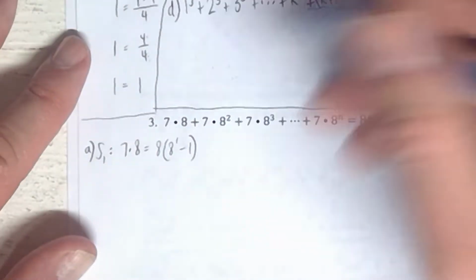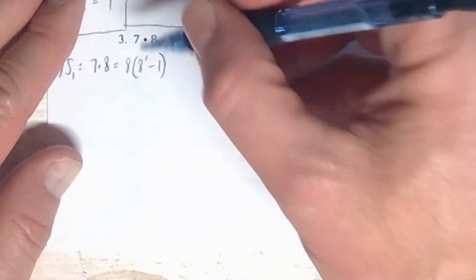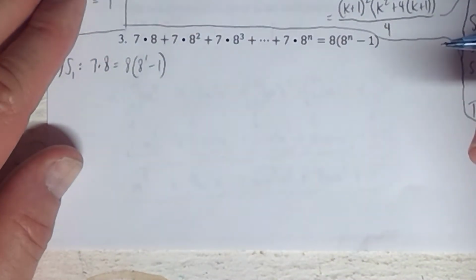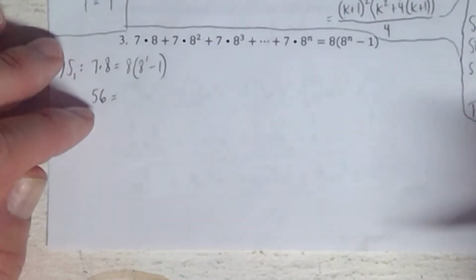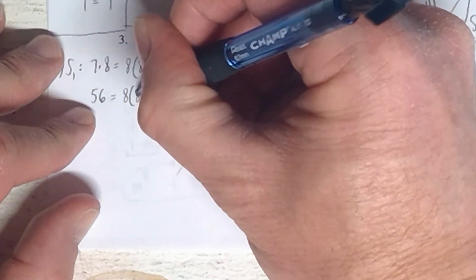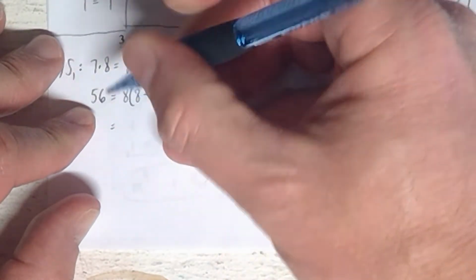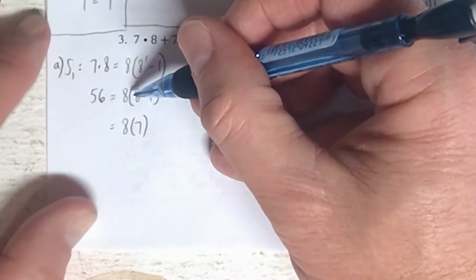Is this true? Well, yes, it definitely is true, but you need to imagine yourself trying to prove it to somebody that's not convinced. So we figure out what each side's equal to. This side's equal to 56. This side is equal to, parentheses come before multiplication.